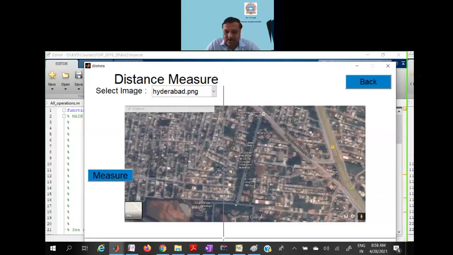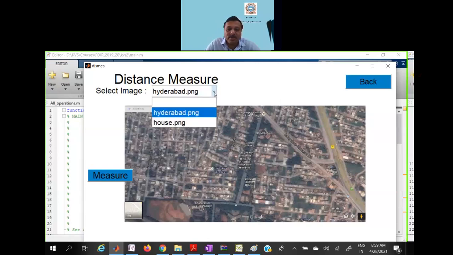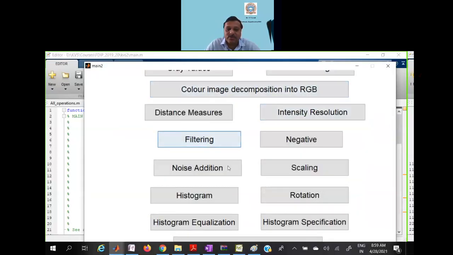It is displaying, but I don't think you are able to see the result. Okay, so this is how you can measure. I'm not able to move this, otherwise that display is coming at the top, bottom here. So anyway, this is how I can use the graphical user interface to measure. Let me just show you something else.